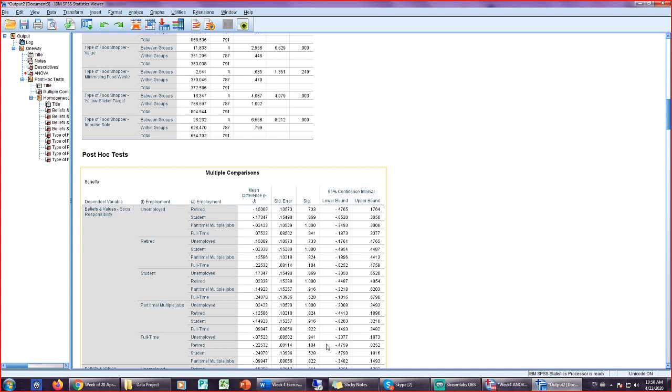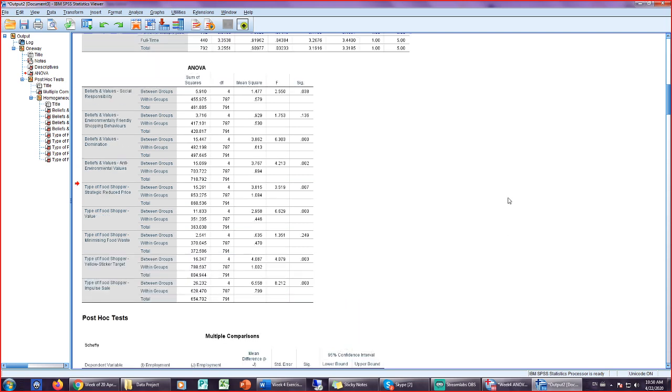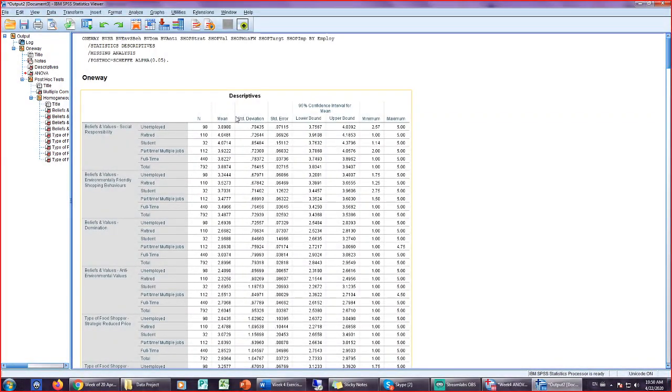So even though you can statistically say that employment influences how much people identify with social responsibility, and you can rank order them, so that when you're looking at this, you can say that students generally identify most with social responsibility values, and who is our lowest?